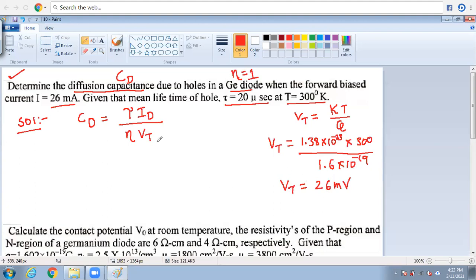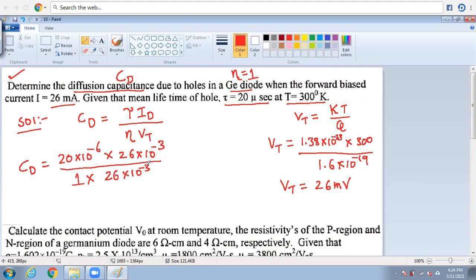Now substitute this VT value in this expression, and you will directly get the diffusion capacitance value. CD equals tau, which is 20 into 10 to the power of minus 6, times ID, which is 26 into 10 to the power of minus 3, divided by eta equal to 1 and VT equal to 26 into 10 to the power of minus 3 volts.